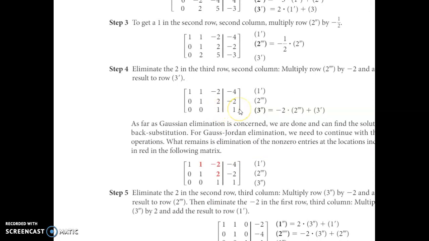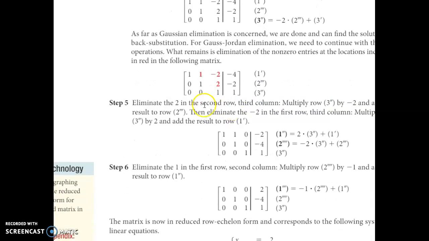Z equals 1. All right, now they highlight these 3 here because they need to introduce zeros right here. One neat thing to notice is that when you add the second row to the first row, you introduce a 0 here right away. So that's what they do. Actually, they don't do that. Never mind.